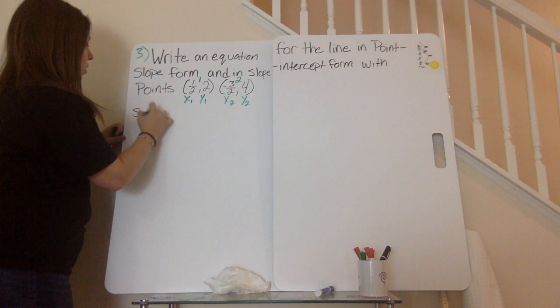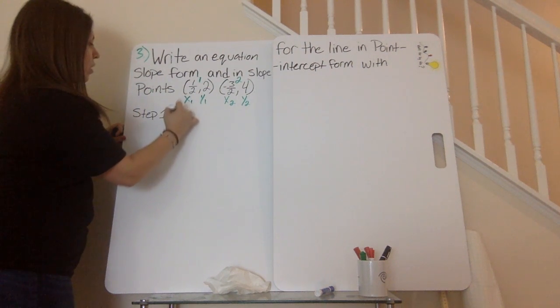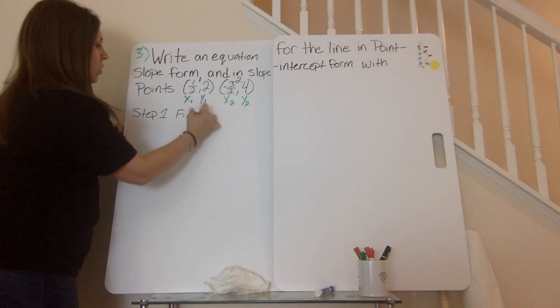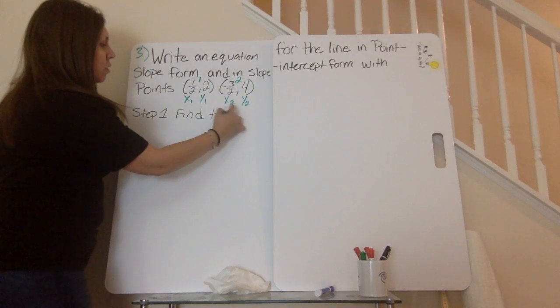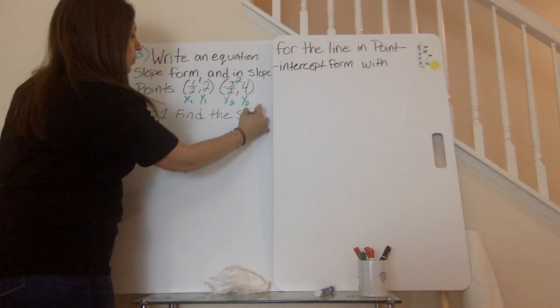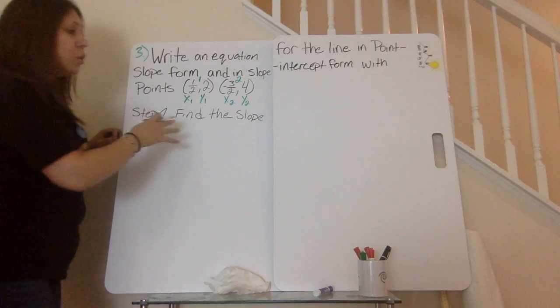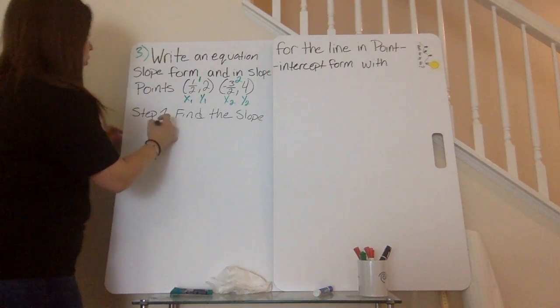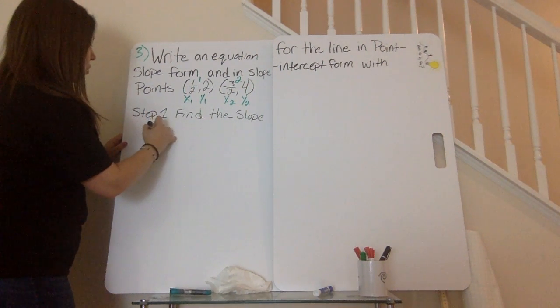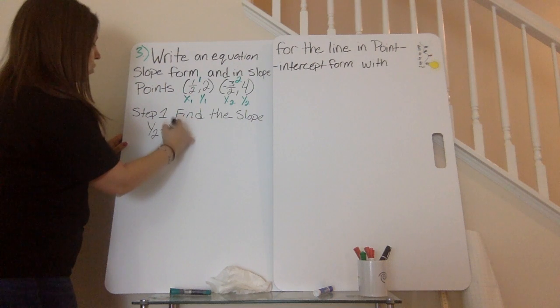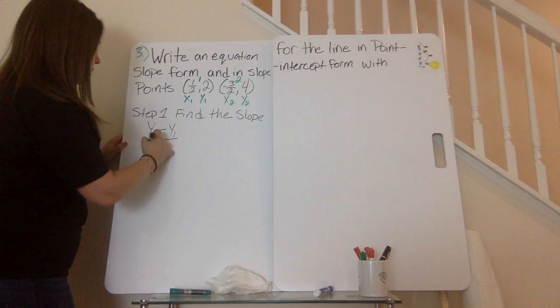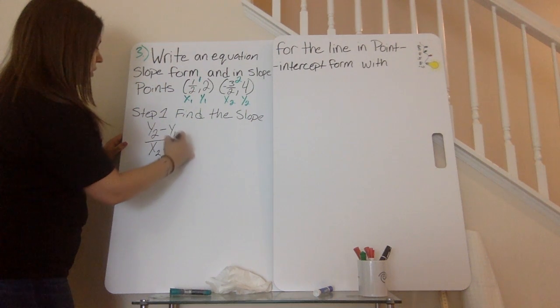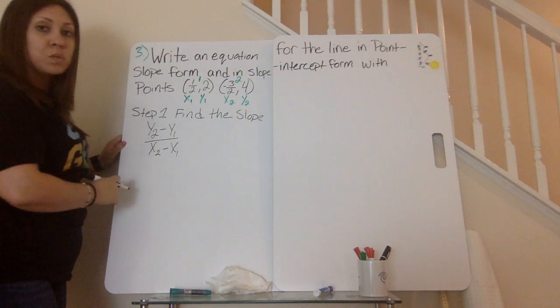So in order to find the slope, we're going to use our equation y2 minus y1 over x2 minus x1.